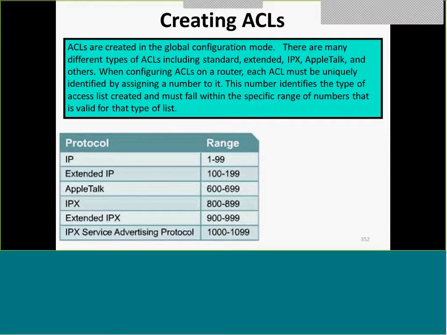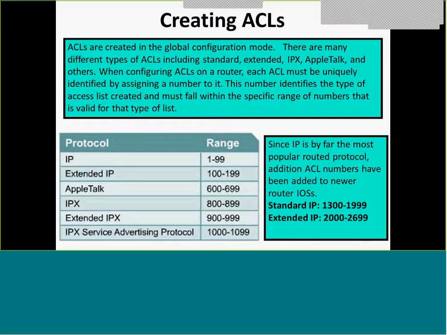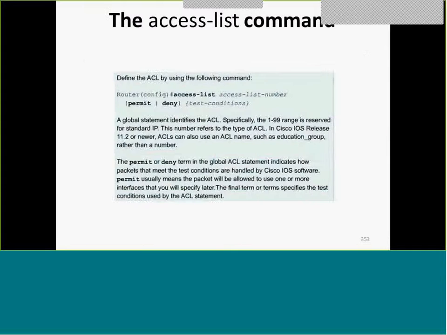Because in extended IP, instead of just controlling traffic between source and host, you can also specifically mention which port number you want to block. For standard ACL, you should use numbers 1 to 99. If you are using extended, you always use 100 to 199. I will show how to do that.